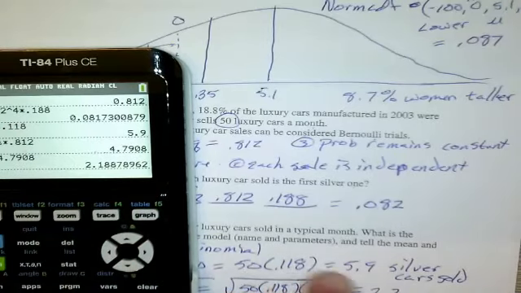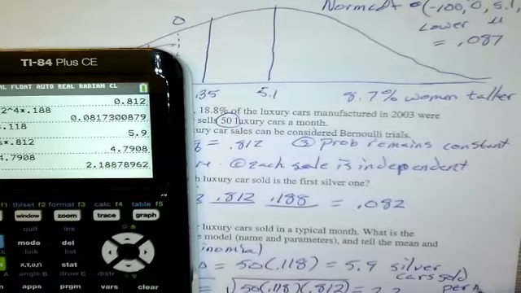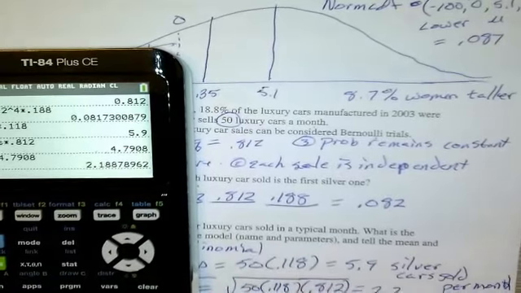This is NP, which is 5.9 silver cars sold per month, with a standard deviation of 2.2.